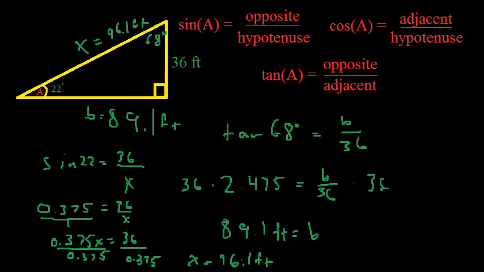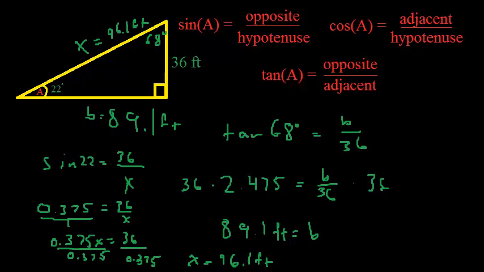What I did to get that is I used my 36 divided by the exact answer that I found in my calculator. That number was more precisely 0.3746065934. Okay, that is what my calculator gave me, and that's what I used to find my answer.